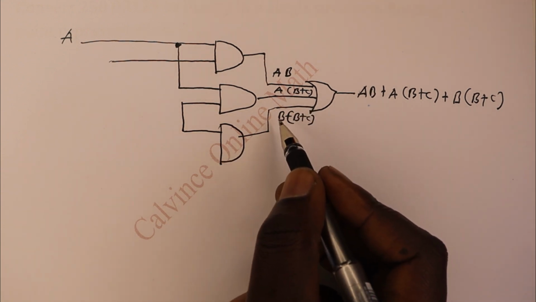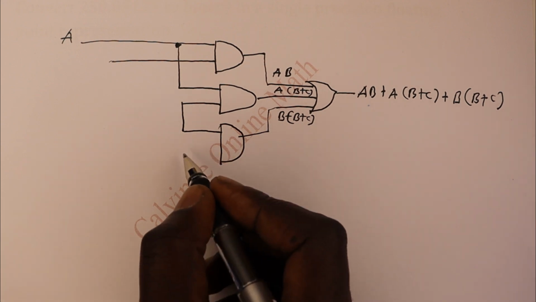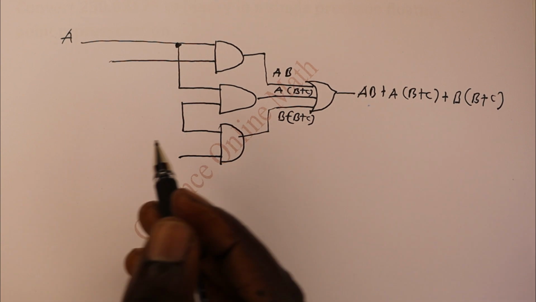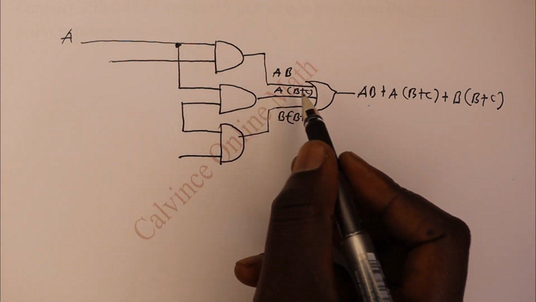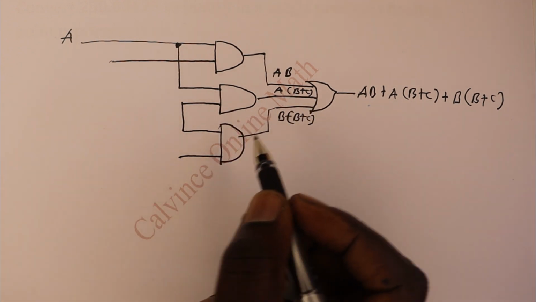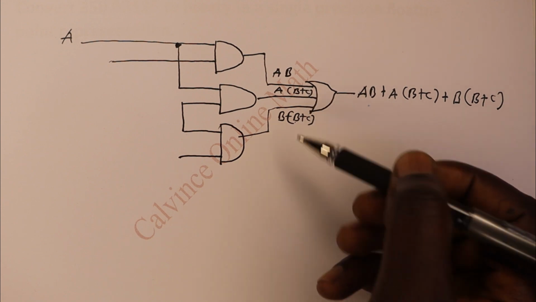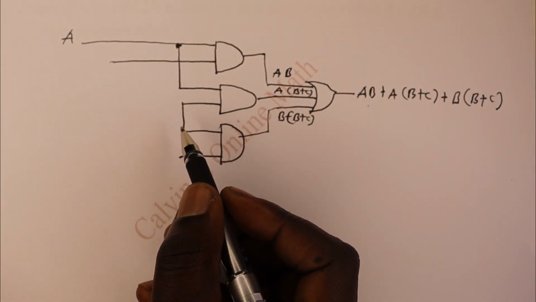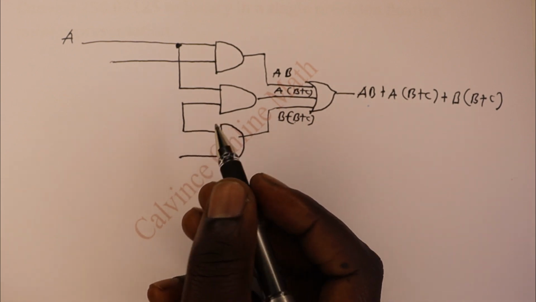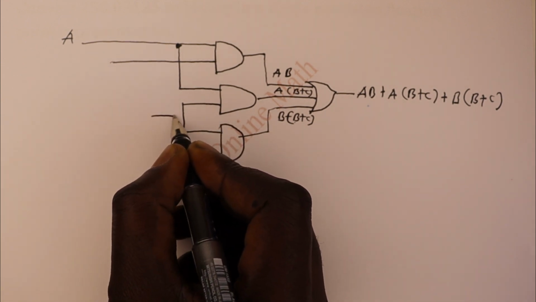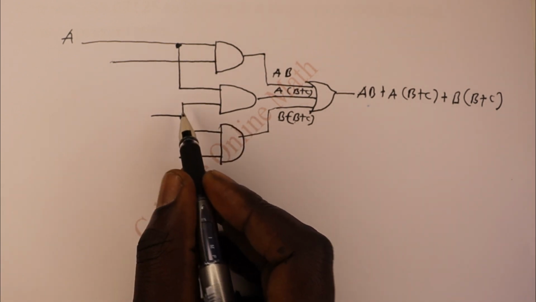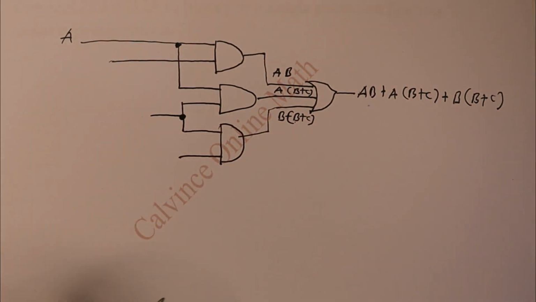Then here we also have B. So it means there was also an input B there. So for us to get B plus C, that was used here and here, because you see there's a B plus C, there's a B plus C, it must have passed through another gate for us to get B plus C. So we can put it there and show that it has been used here and here by using that dot.